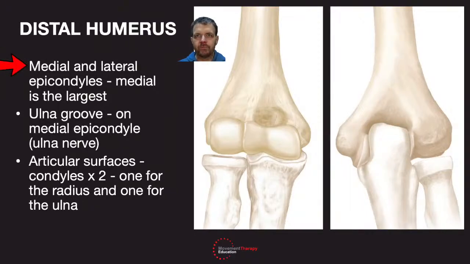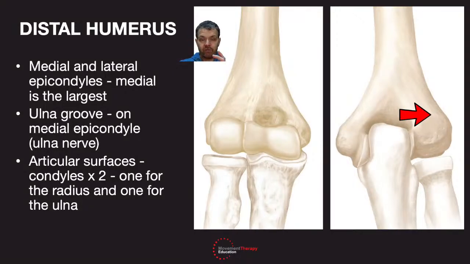Okay, so we've got medial and lateral epicondyles, right? So that's these areas here. Yeah, the medial is the largest, so we can see that lump there is bigger than that lump there. Okay, and then again from the back, you can see that lump there sticks out a bit more than this lump just here.